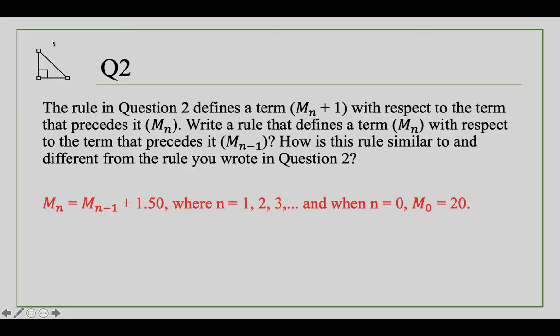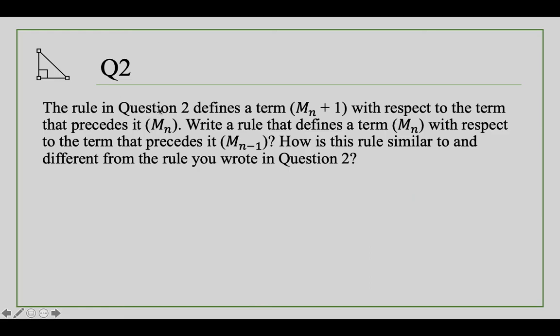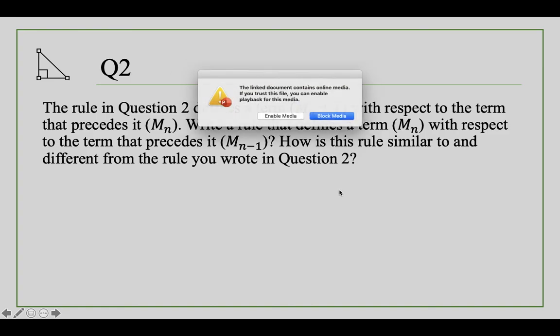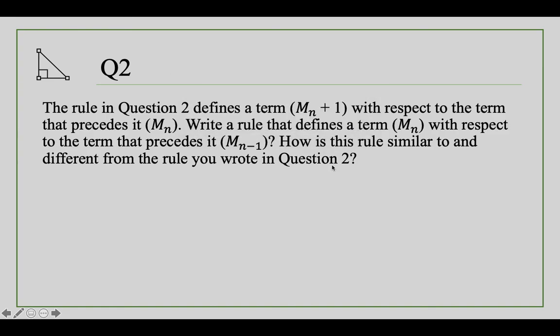Question 2 in our last question. The rule in question 2 defines a term M sub n plus 1 with respect to the term that precedes it, M sub n. Write a rule that defines a term M sub n with respect to the term that precedes it, M sub n minus 1. How is this rule similar to and different from the rule you wrote in question 2?